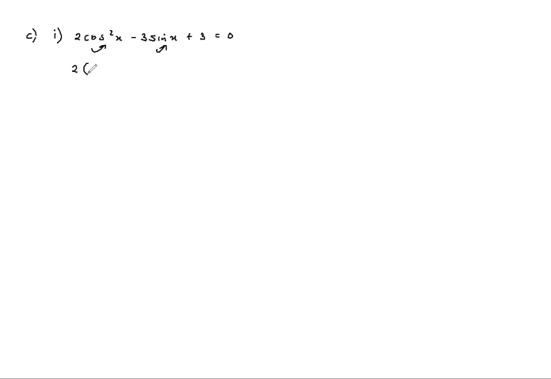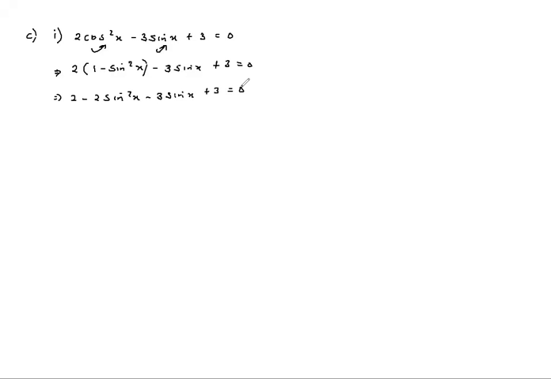You change the squared cos to 1 minus sine squared so that you leave the sines alone. And then you expand. So you have 2 minus 2 sine squared x minus 3 sine x plus 3 is equal to 0.